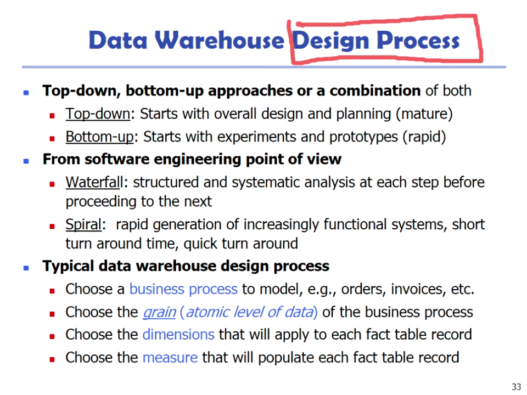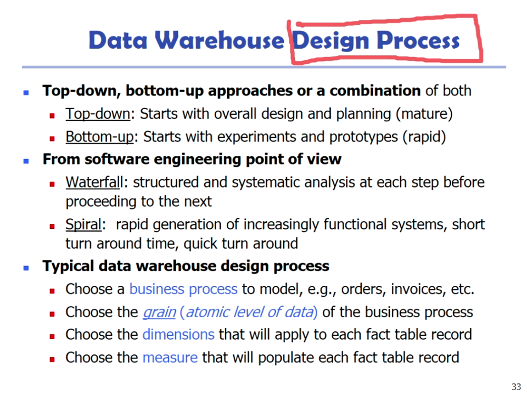Good. So for a design process, there are top-down, bottom-up approaches, or a combination of both. The second manner, from software engineering point of view, we will see another design process. So top-down starts with overall design and planning, but bottom-up starts with experiments and prototype.